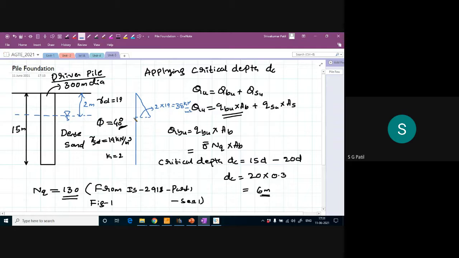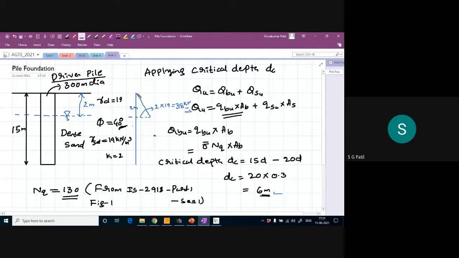Now this is up to 2 meter over. Now see, your critical depth is up to 6 meter, no? So this is 2 meter depth, and this is 6 meter total.